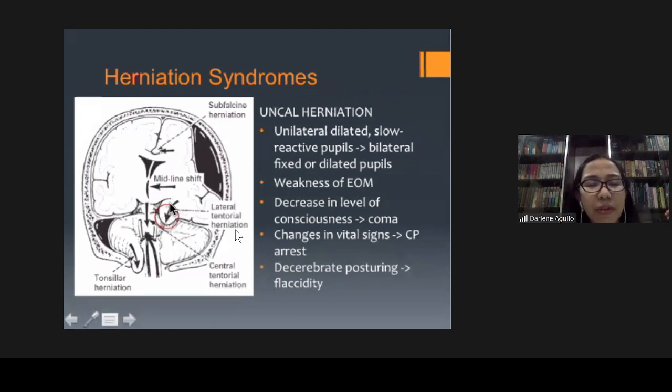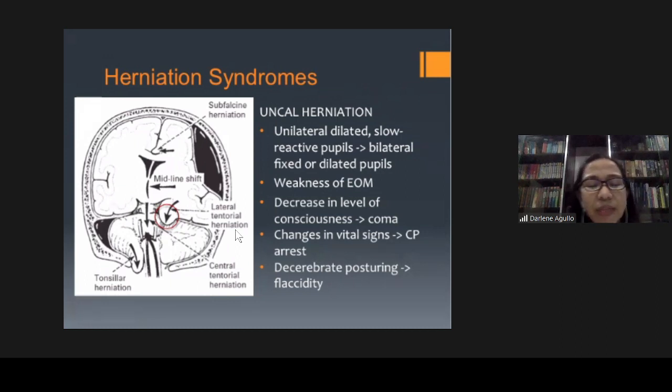Okay, so ito yon. My red circle. You will see weakness of EOMs. Kasi andito naman midbrain, di ba? Midbrain and pons. Diyan lumalabas yung ating mga cranial nerves for our extraocular muscles.